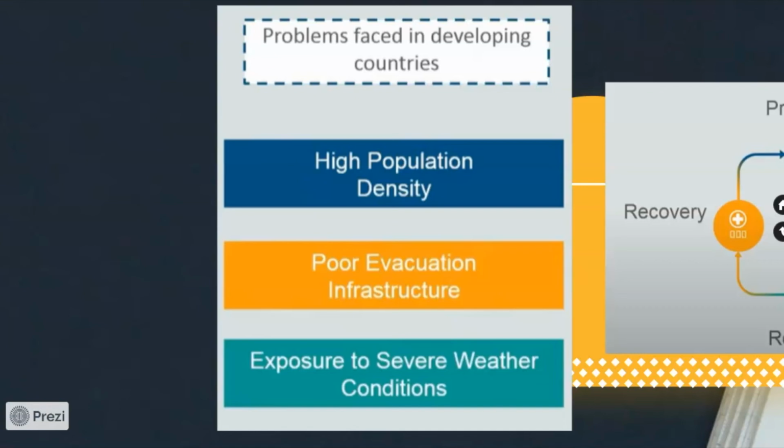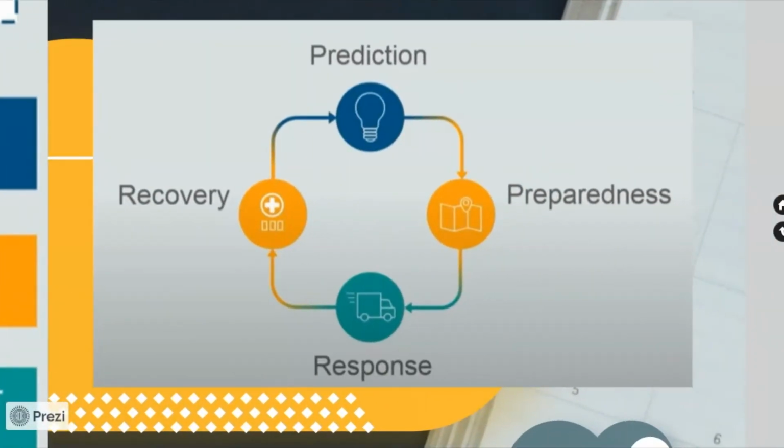As a consequence, according to a study, more than 95% of all deaths caused by disasters occur in developing countries. IoT can compensate for this by prediction, preparedness, response, and recovery to rescue developing and emerging countries from their vulnerable positions.